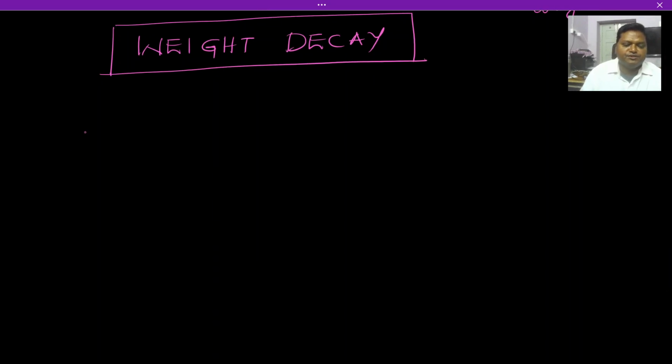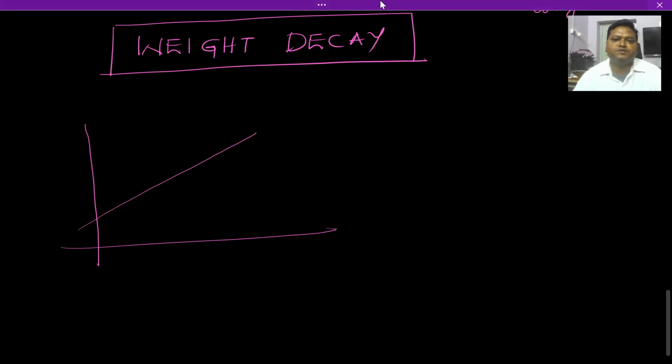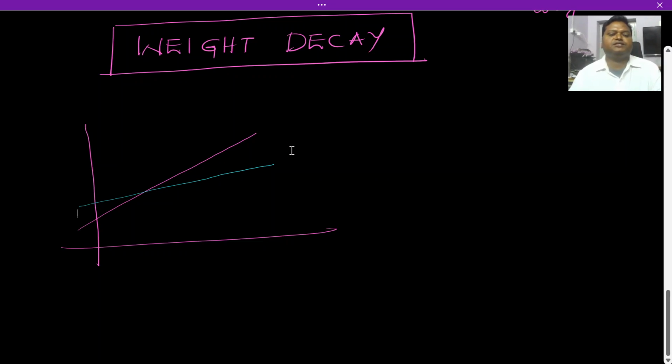So earlier, suppose this is your model without regularization. By penalizing, we are developing another line which has less slope, but it may not fit the training data as perfectly as our earlier model, but it will ultimately fit the testing data, not perfectly, but to a much greater extent.